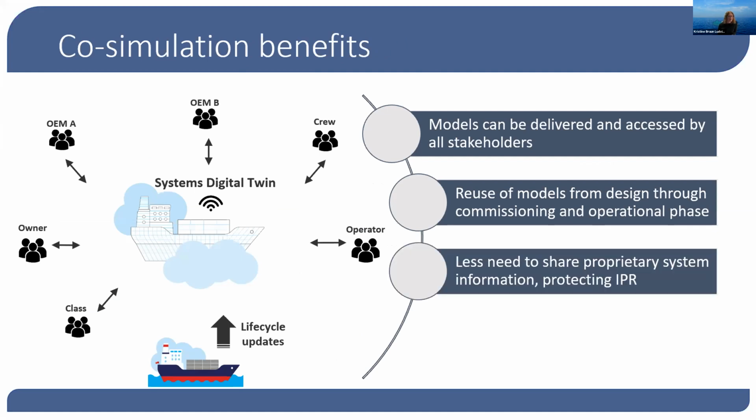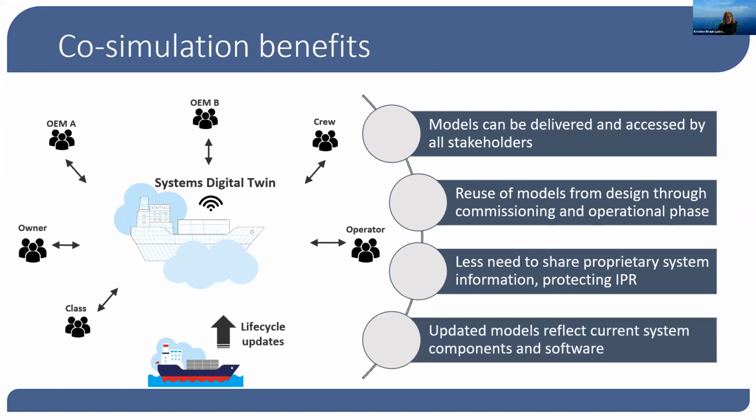We saw increased willingness to share between the system providers when they could share them as FMUs, to protect the IPR. And we also see a huge benefit that when you have a modular setup, it's easier to update the model or the overall system model to reflect the actual status of a vessel when you go into operation, when you do modification, updates, whatever.